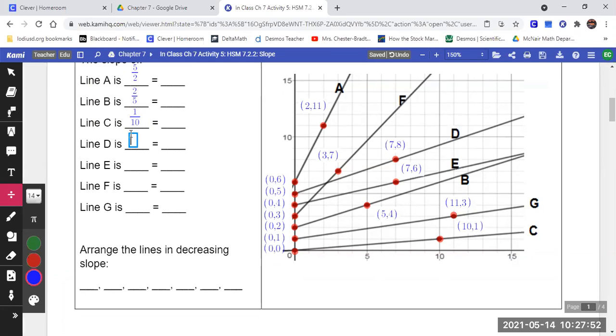Put it in the chat. Okay, I guess you don't want your participation points today. That's fine. I'll go on to Charlie. Put it in the chat. What's the slope for G?